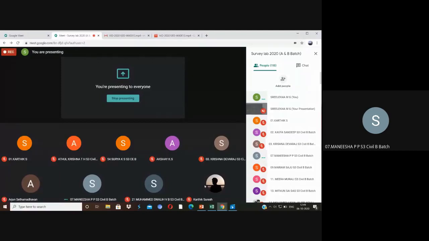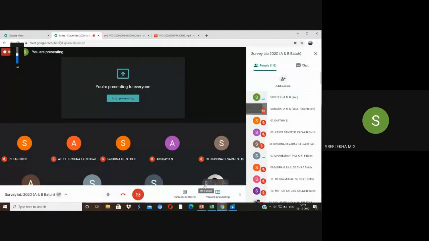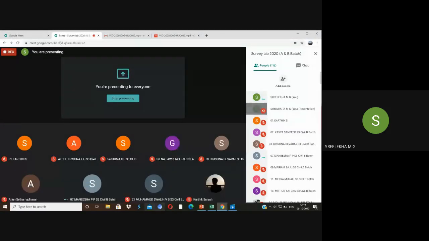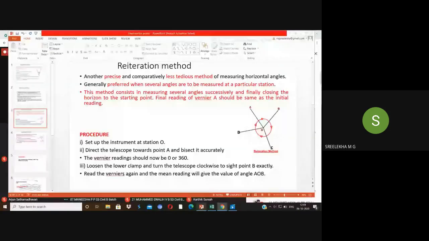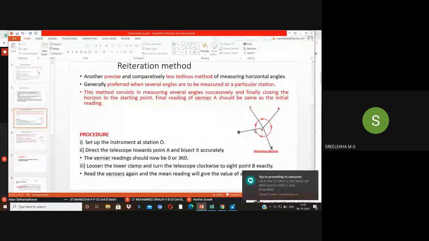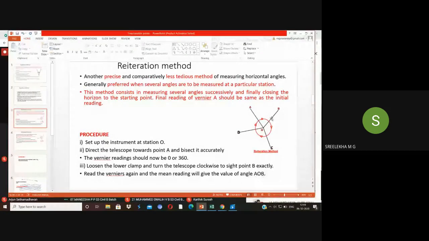Finally, after sighting all the points, you are closing to the point A. What should be the angle on the vernier A? Did you get the question? You have started from the point A, rotated the telescope, sighted the point B, then the point C, then next the point D. Manisha, are you hearing? Yes, Miss.